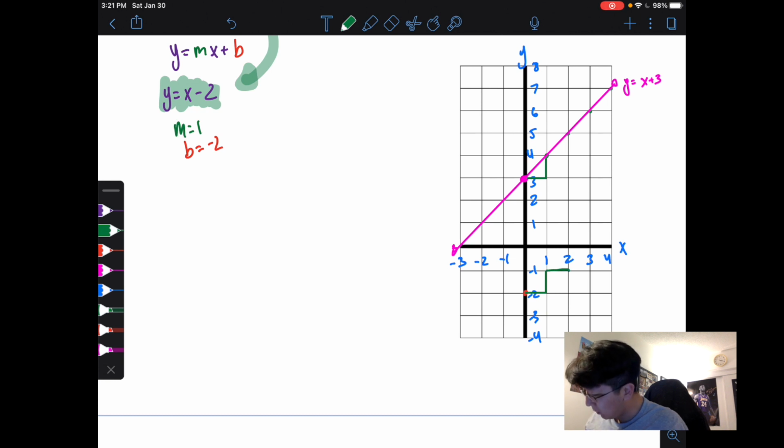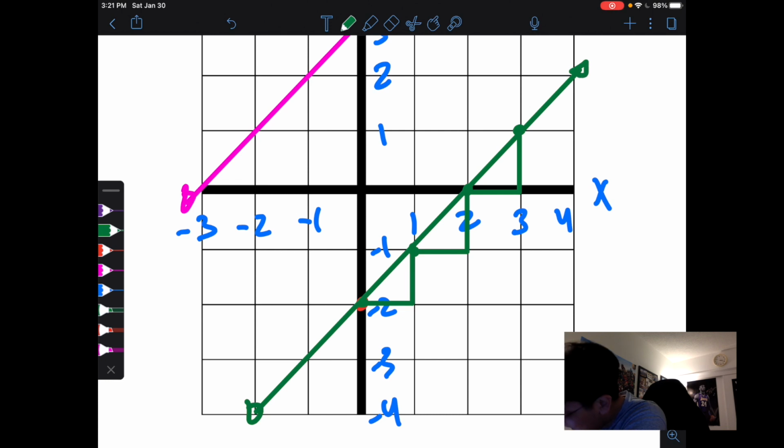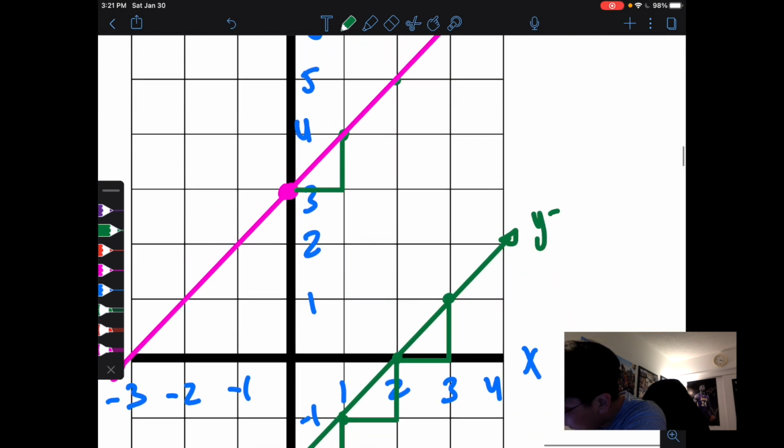So over 1, up 1, over 1, up 1, over 1, up 1. This line's supposed to be in green, so I'll keep it green. And this line right here is y equals x minus 2.